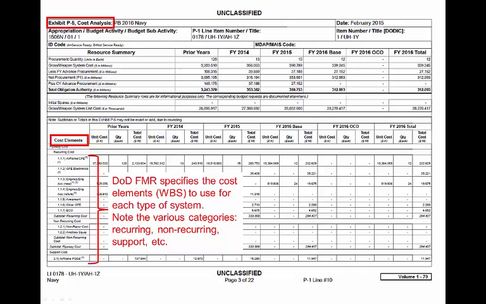The DoD Financial Management Regulation specifies cost elements, or a work breakdown structure, for each type of procurement. And notice the various categories here for this aircraft: the airframe, electronics, engines, armament, engineering change orders, non-recurring costs, and the support equipment that goes along with the aircraft.